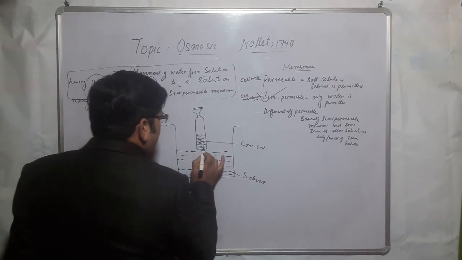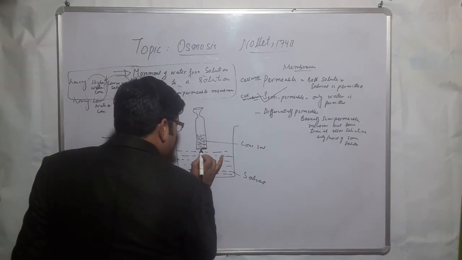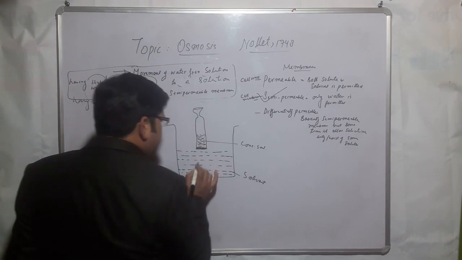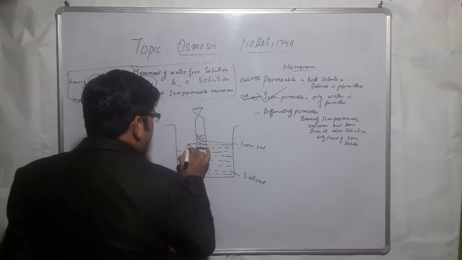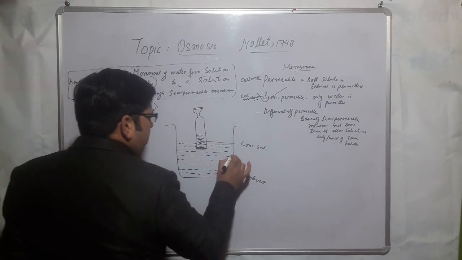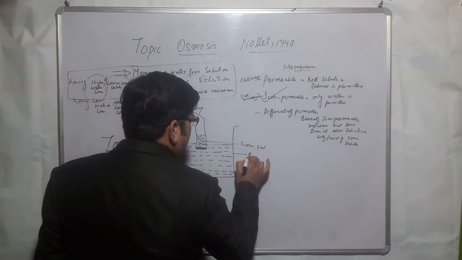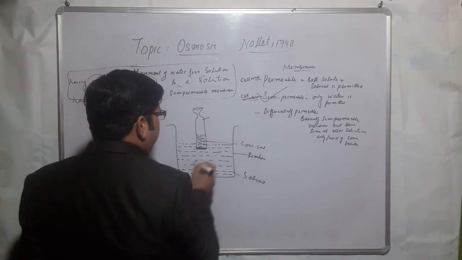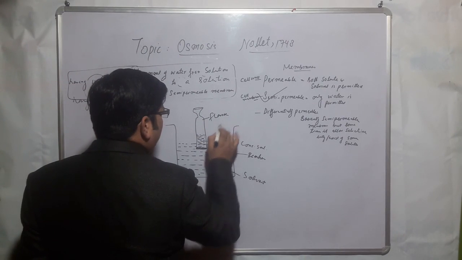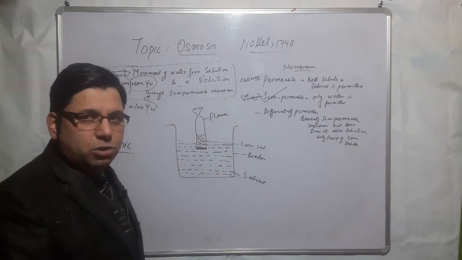Now we are putting some kind of semipermeable membrane on this, and suppose the water level is up to this point. This is a beaker or some kind of jar or whatever you have. This is an inverted flask kind of thing, whatever instrument you have with you.